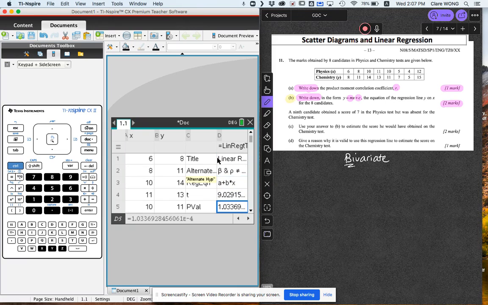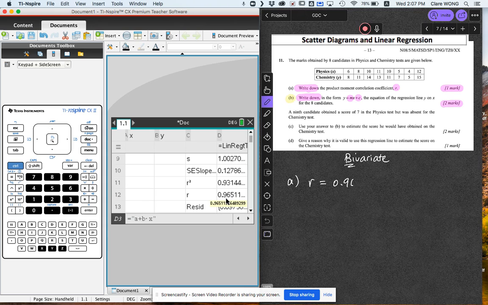So this is what we got. This is a linear regression. The regression equation is written in this form, so take care of writing it down. You need to scroll down for your R. So this is your R. So now you have what you need. Part A, R is equal to 0.96511 and so on. Now you can write it out like this if you don't want to do the rounding.